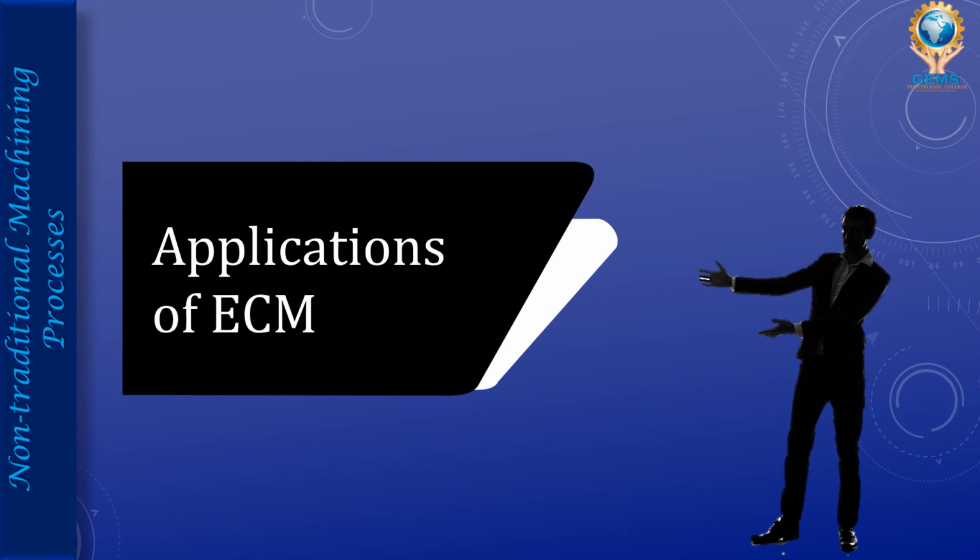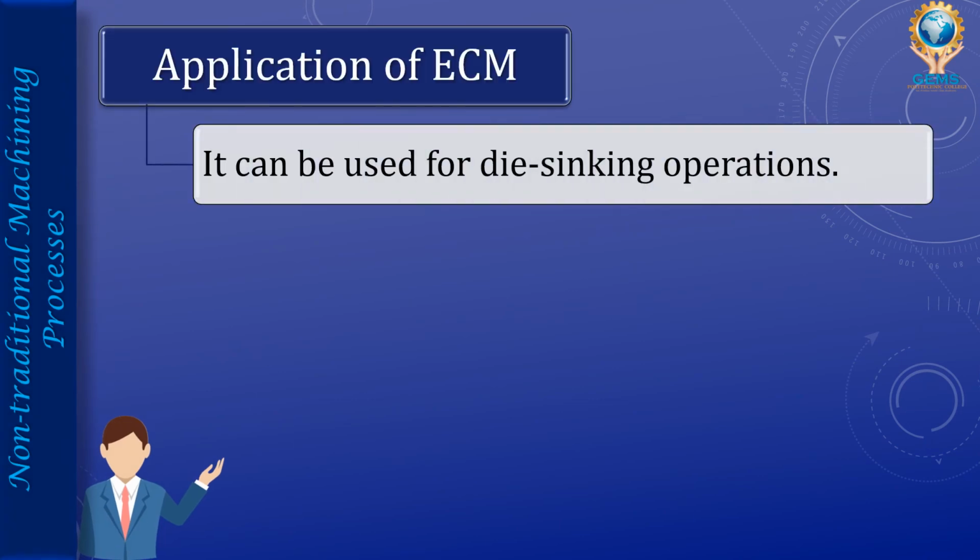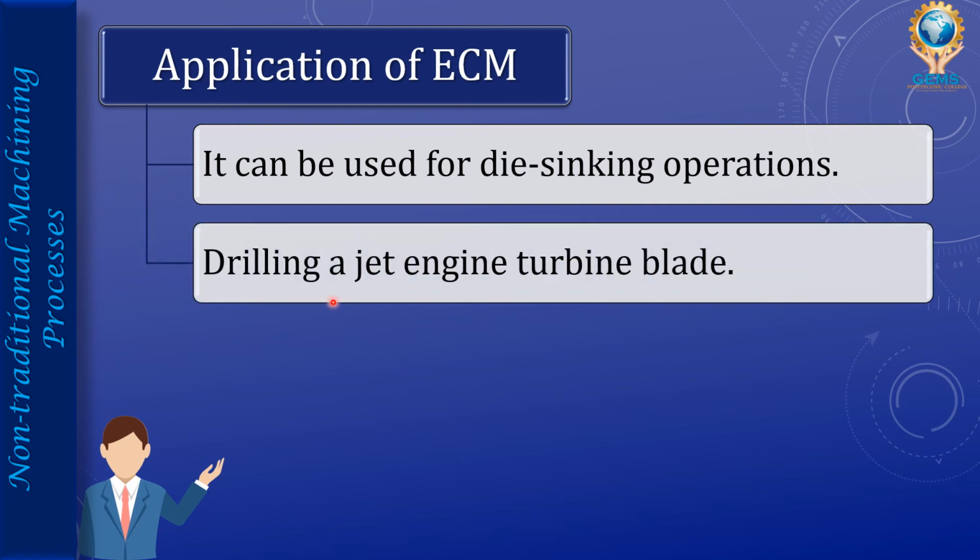Now let us see the applications of ECM. This ECM process can be used for die sinking operations and drilling of jet engine turbine blades. If you go for jet engine turbine blades, we need small drilled holes.